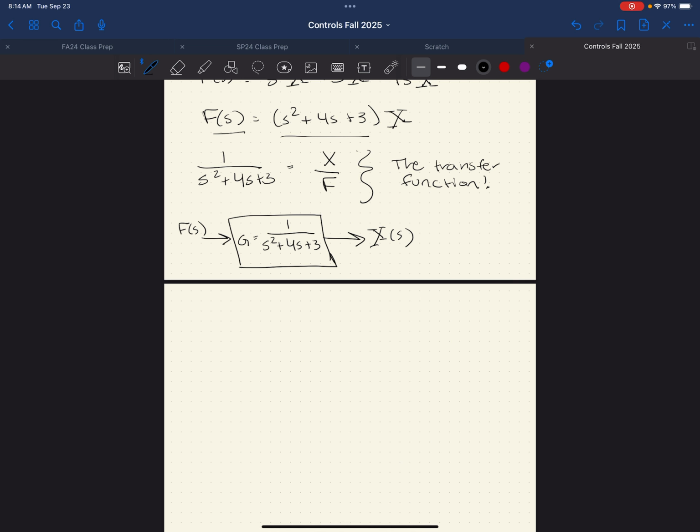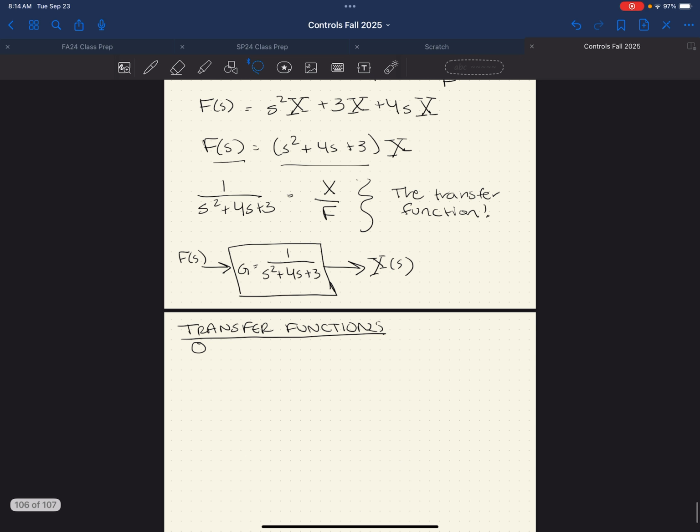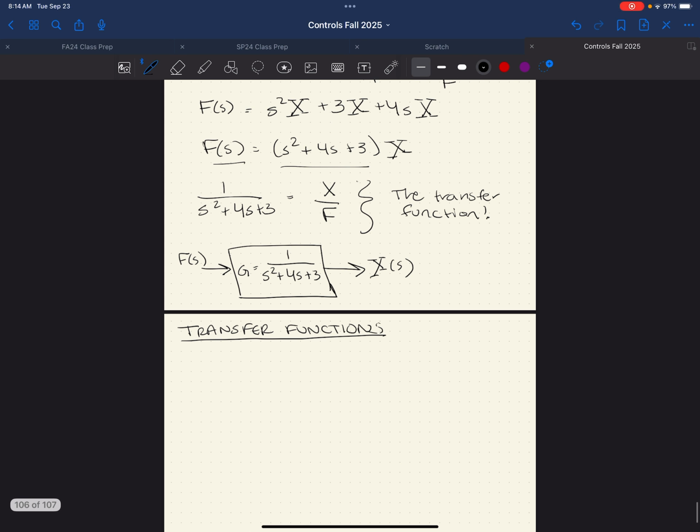All right. So let's add a little bit more detail about transfer functions and block diagrams. So we just said that a transfer function, let's give us a title here, transfer function, we said these are output over input.